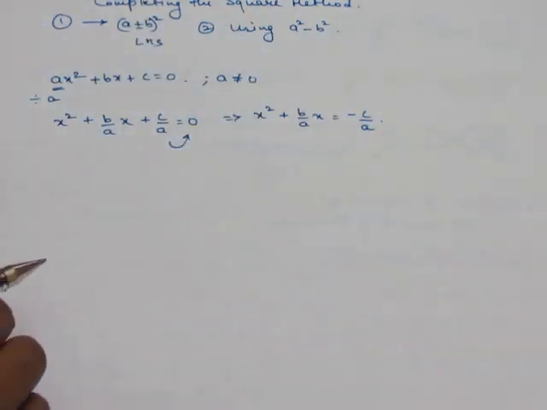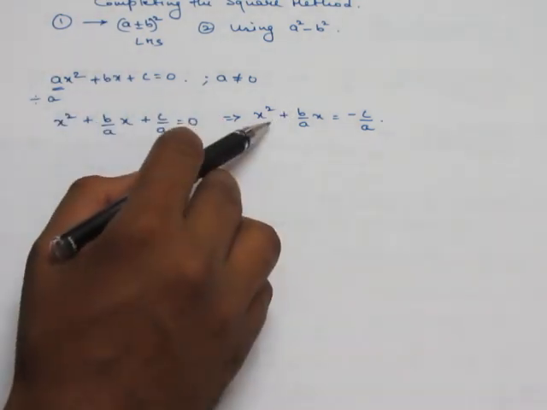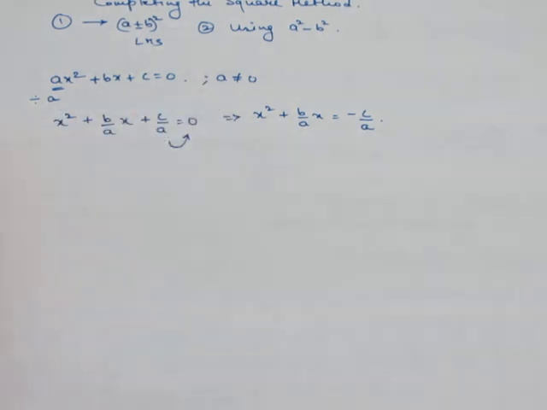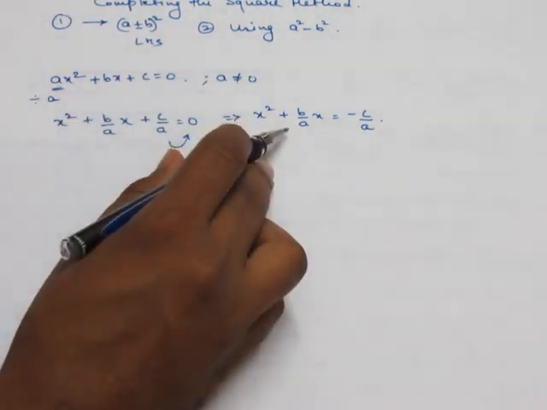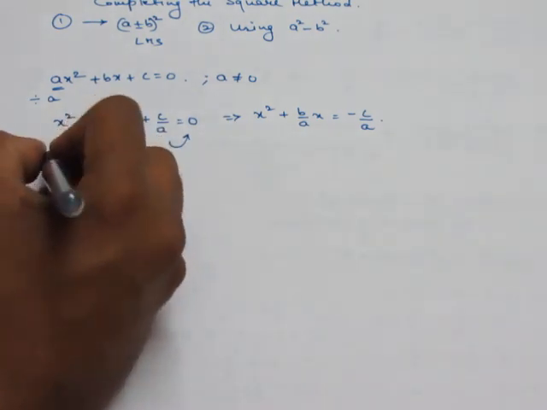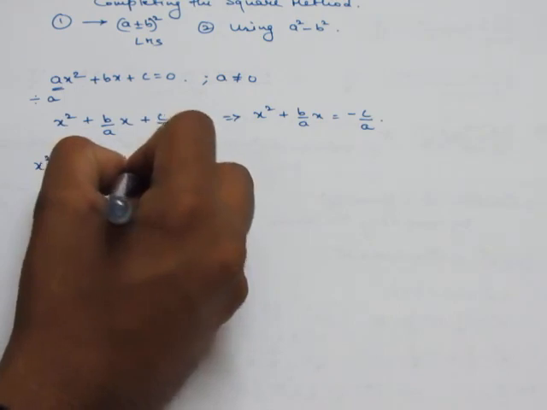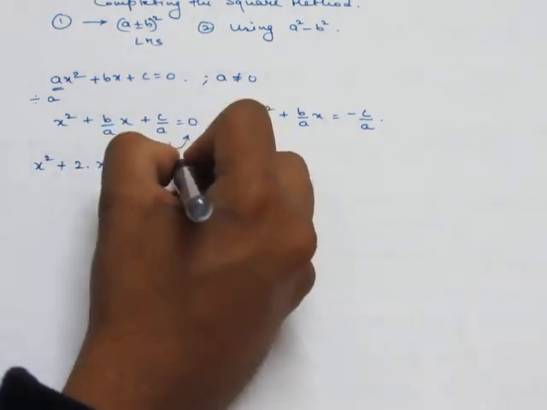This much is clear. Now in order to convert this in the form (a plus b) whole square or (a minus b) whole square, we multiply and divide this by 2. So we get x square plus 2 into x into b upon 2a equals minus c by a.